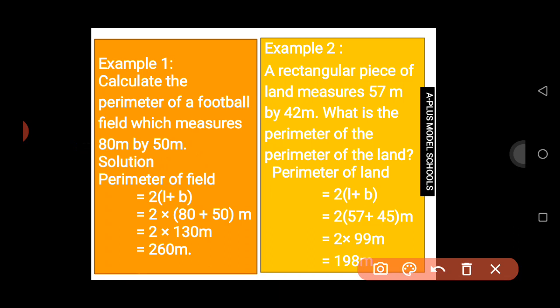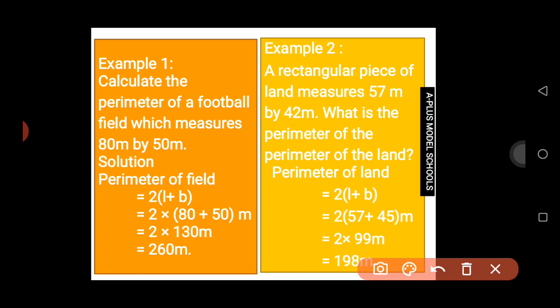So the perimeter of the football pitch or football field will be 260 meters, applying the formula. Now example 2. A rectangular piece of land measures 57 meters by 42 meters. What is the perimeter of the land? The same type of question.